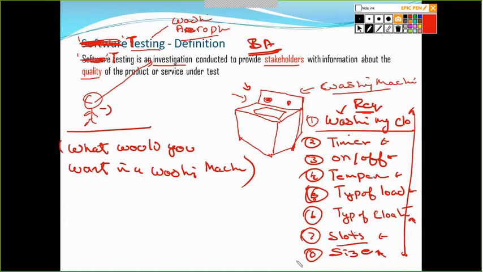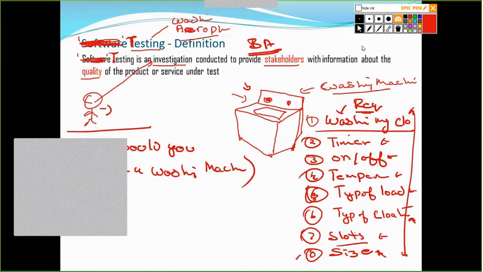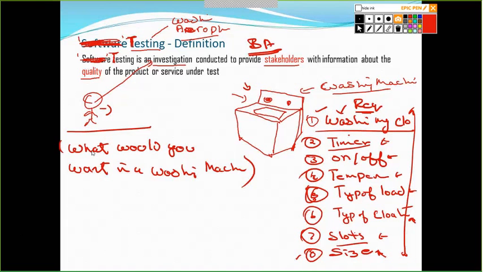Now based on this requirement, let's take the first example. Say the machine should be able to wash the clothes. How are you going to test this particular requirement that it should wash my clothes?